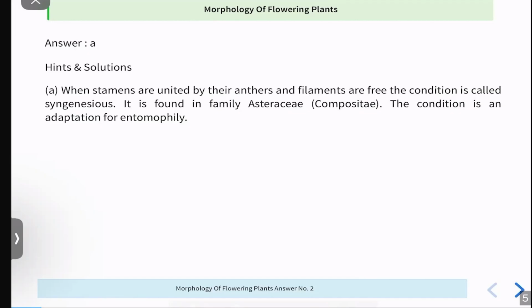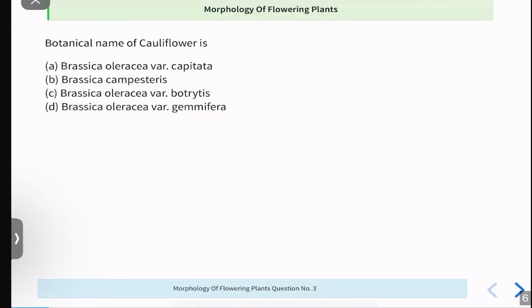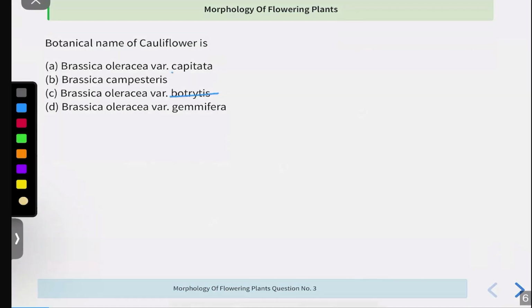Botanical name of cauliflower. We all know it belongs to the family Brassicaceae. So Brassica will be the name of the genus. Name of species is oleracea. Now we have to differentiate between these three: var capitata, var botrytis, var gemmifera.